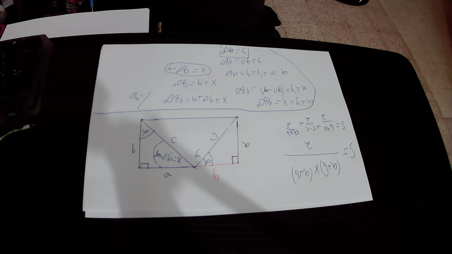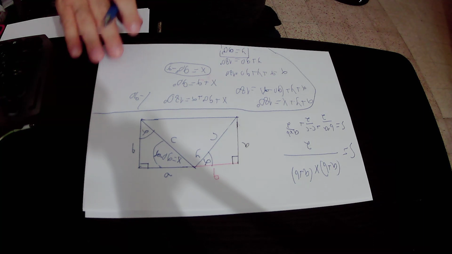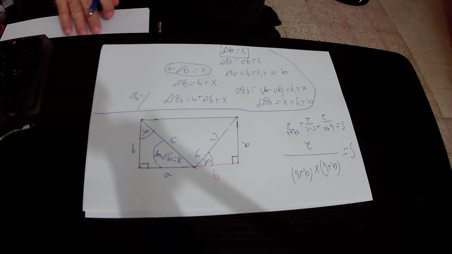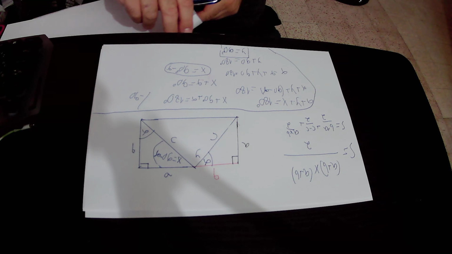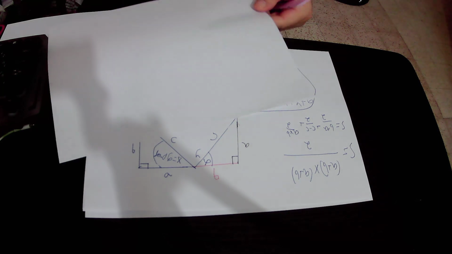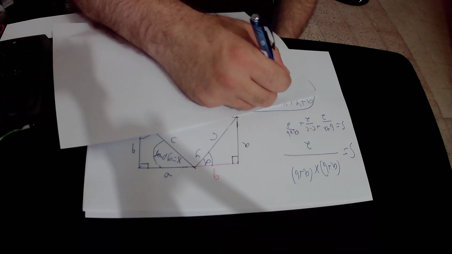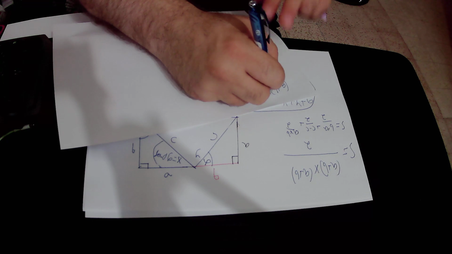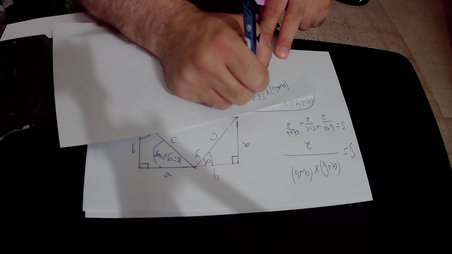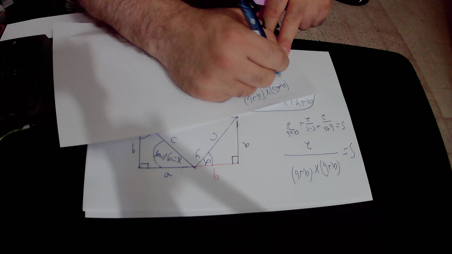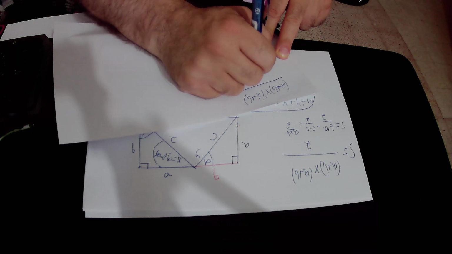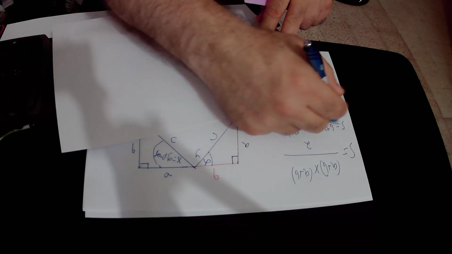So now we will compare the two expressions that we got for the area of the trapeze. We actually will get that A plus B times A plus B divided by 2 equals this expression.